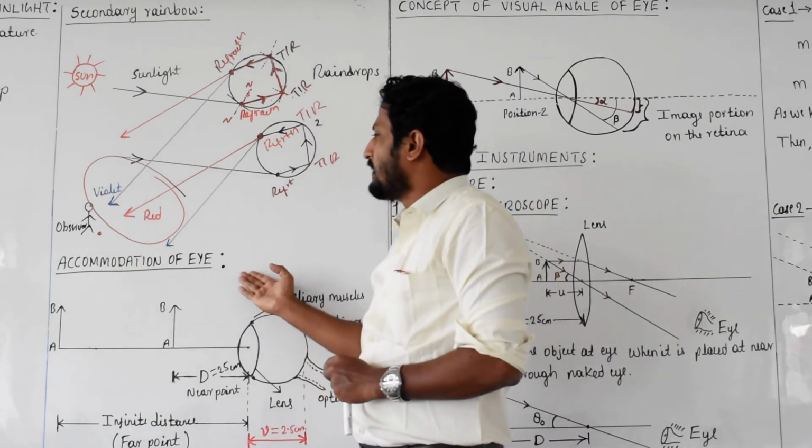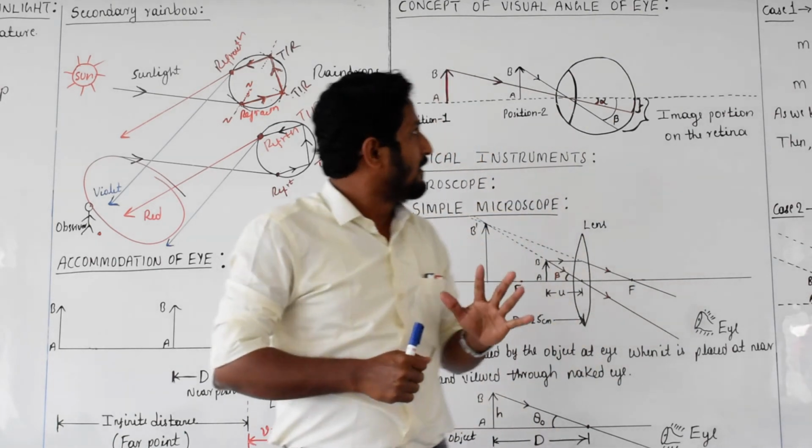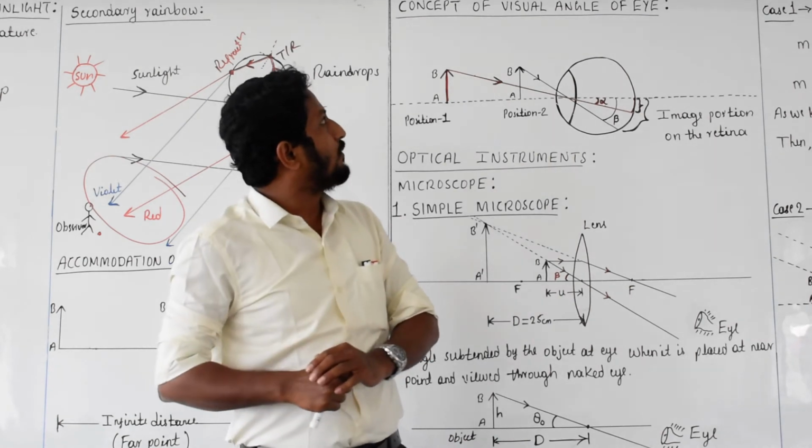One more thing is here. What is meant by power of accommodation of the eye? What does it mean? Look here.